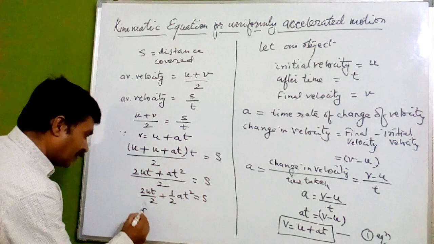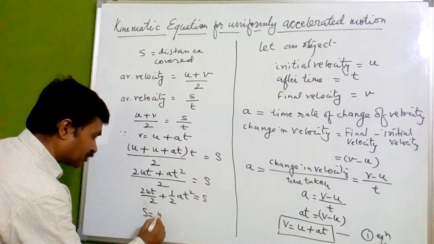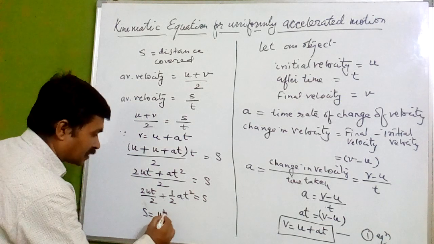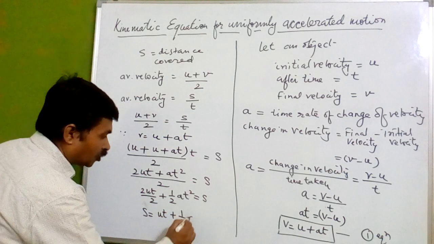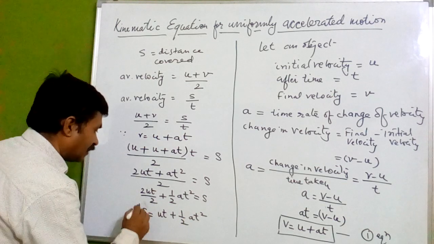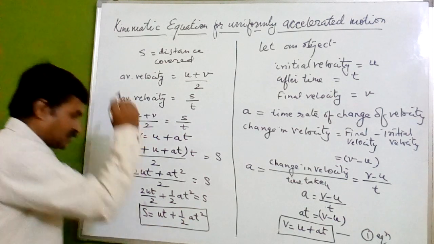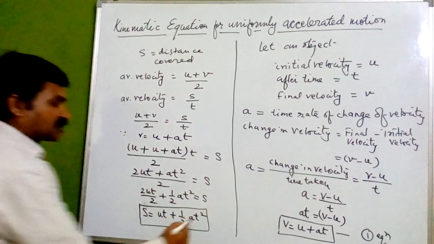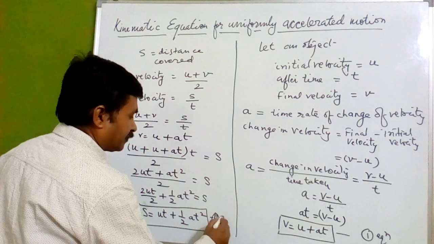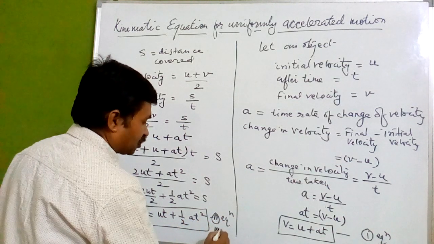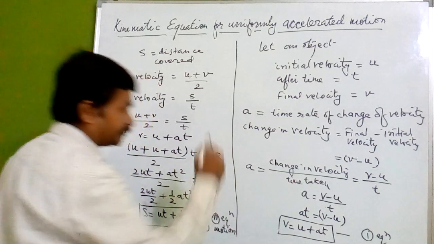So finally, we have got the second equation of motion: the 2s cancel, ut plus 1 upon 2 at square, or simply we always say s is equal to ut plus half at square. This is the second equation of motion which we have got.